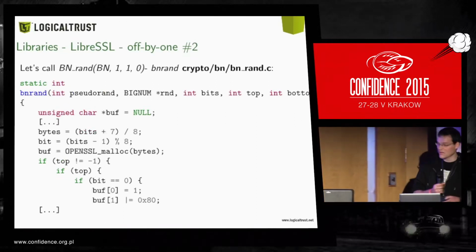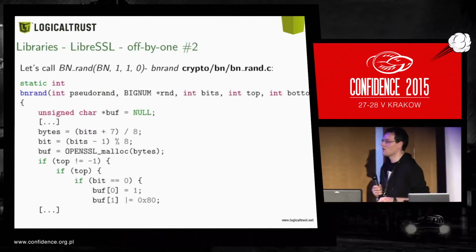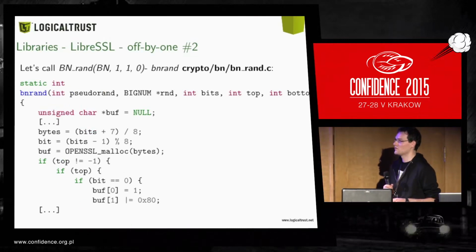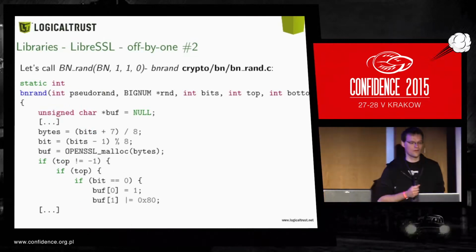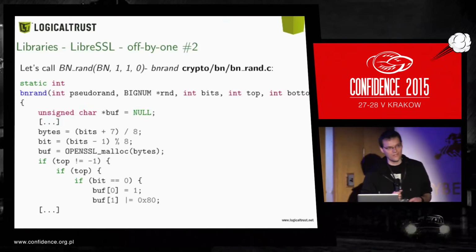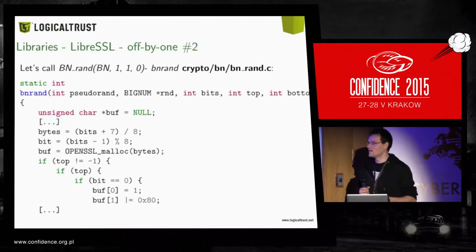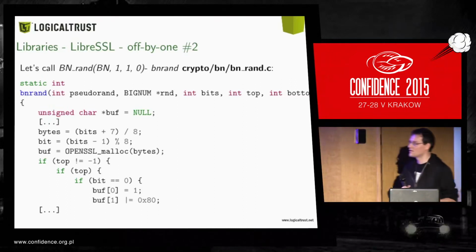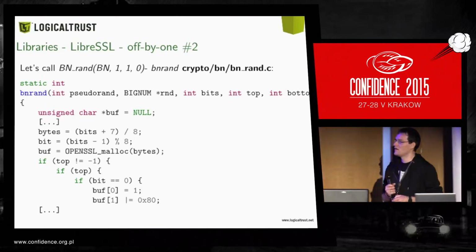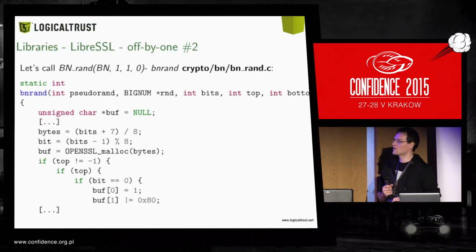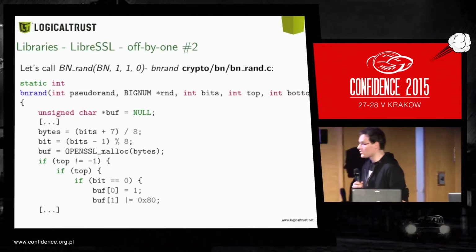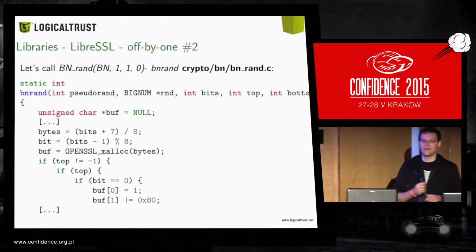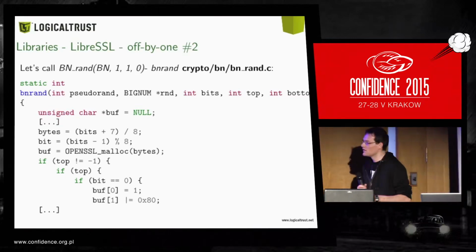And there is another example. If you can pass your own value to the BN_rand function, which gives you random bits from the system or from the library, it doesn't matter, and you can control this argument, you can put a 1 here. So let's take a look.